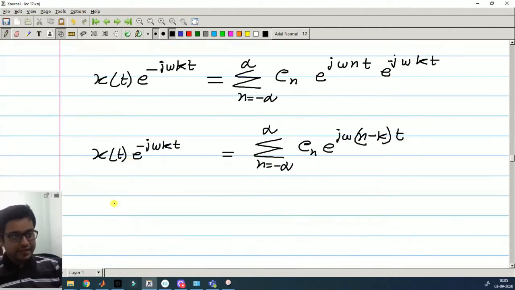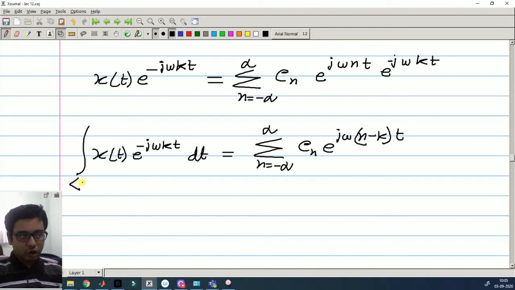Now let us integrate both the sides with respect to time over a complete cycle. Okay, and then you can put the integration sign here over a complete cycle dt.